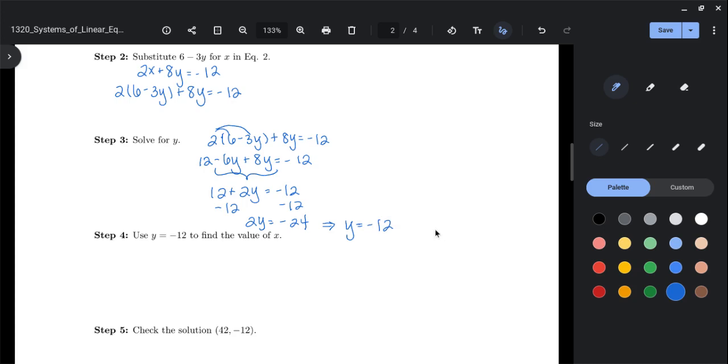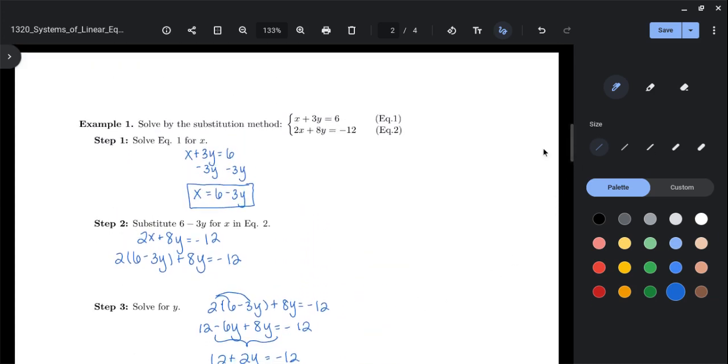All right, so now we have an actual number value for y. So we can use this y equals negative 12 to find the value of x. There are multiple ways that we could find the value of x. One of them is we could plug our y equals negative 12 in equation 1 and solve for x.